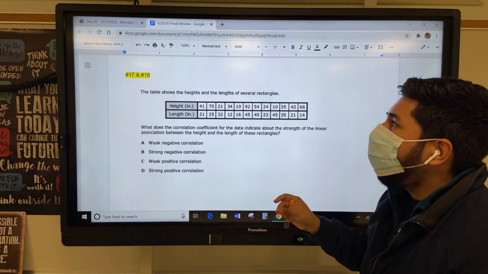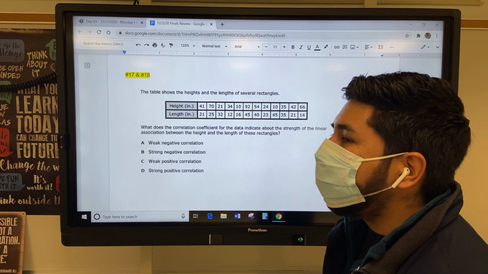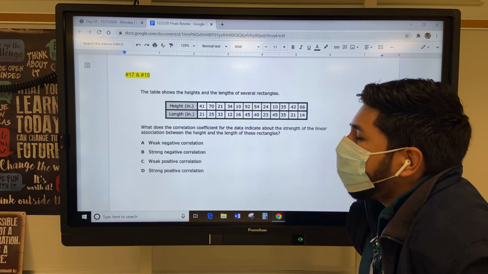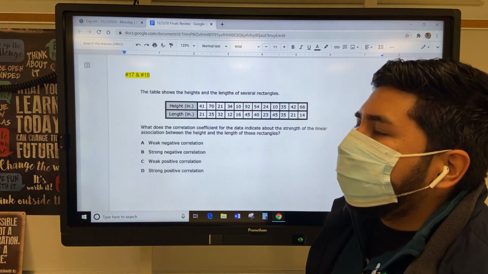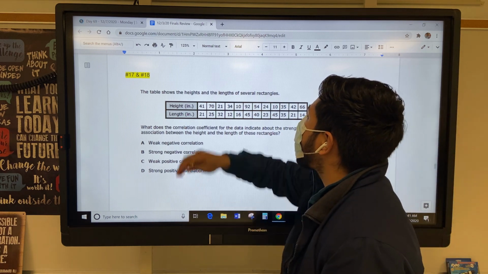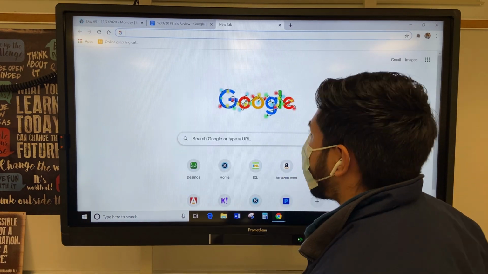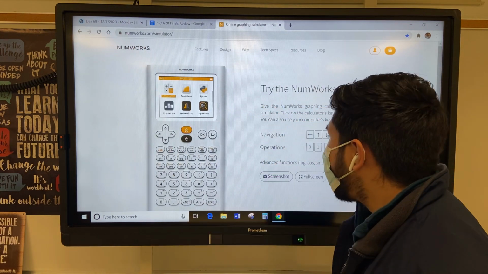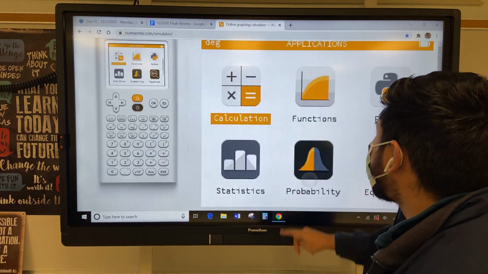Okay. I need us to use a NumWorks calculator for this. Remember, you have to do the stat edits. You have to do all this stuff, remember? I don't want to do all that because it's going to take too long. I already have NumWorks right here. Let's do full screen.